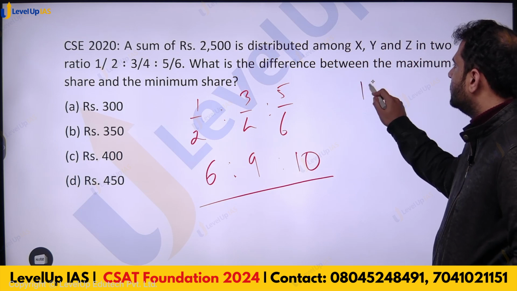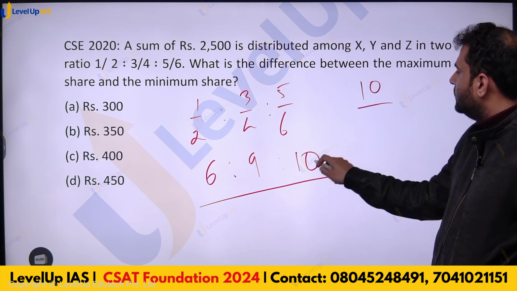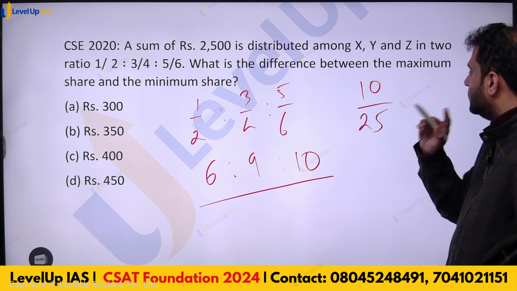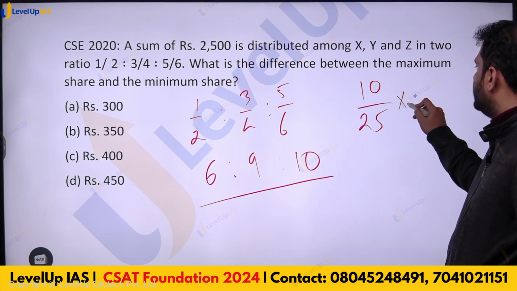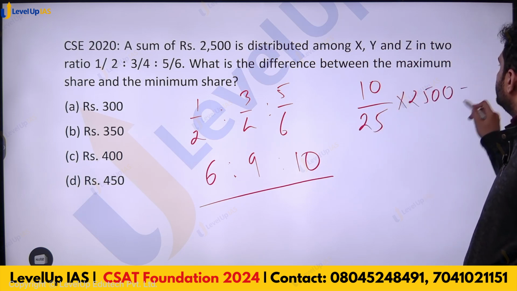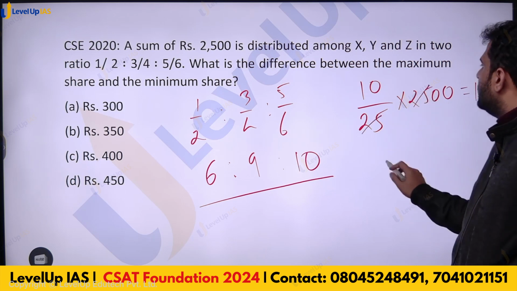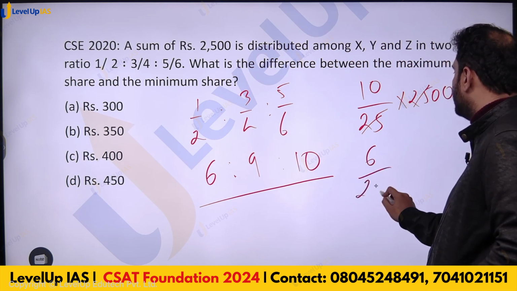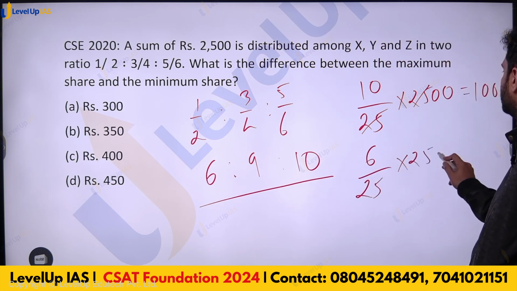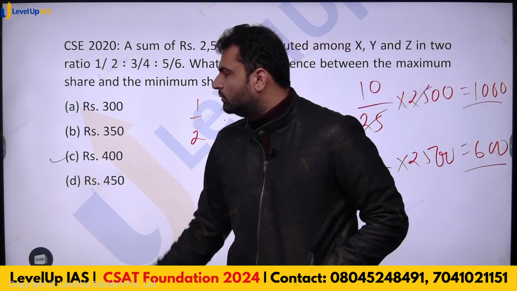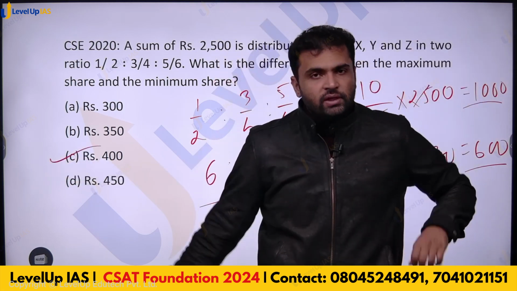Maximum share is 10 out of 10 plus 6 plus 9, which is 25, of 2500, which is 1000, and minimum share is 6 by 25 into 2500, which is 600. The difference between them is 300. Very easy question.